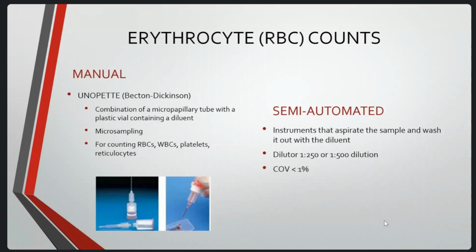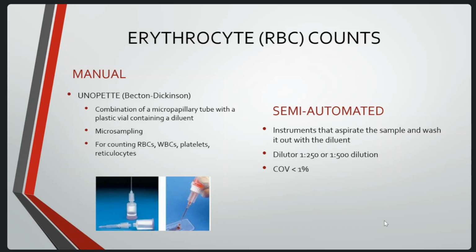This is for counting red blood cells, WBCs, and platelets. So you charge it in the counting chamber. Another manual counting method for red blood cells is using the RBC pipette, the one with the red bead in the middle. You dilute it with a diluting fluid, and then you charge it in the Neubauer counting chamber.